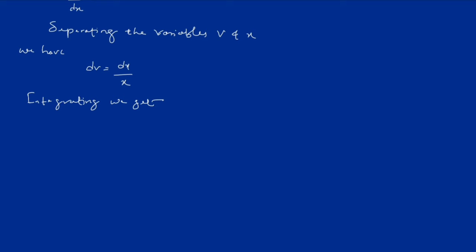The integration of dv is v, and the integration of dx/x is log x, plus log c, which equals log cx, since log m plus log n can be written as log mn. Take it as equation 2.